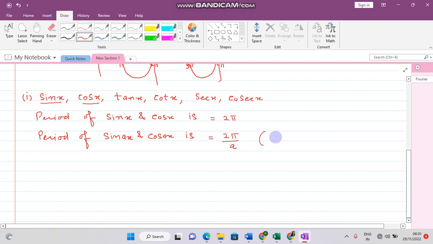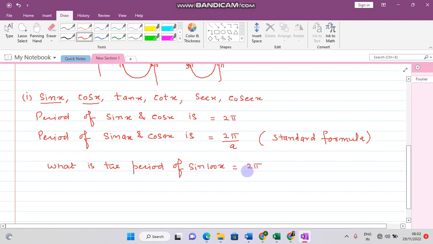Okay, this is the standard form for finding the period of the sin ax function. So if somebody asks what is the period of sine 100x, it is equal to 2 pi by 100, which means pi by 50.